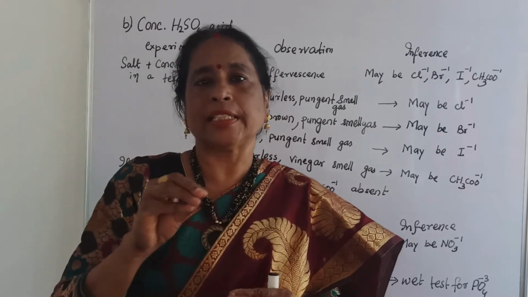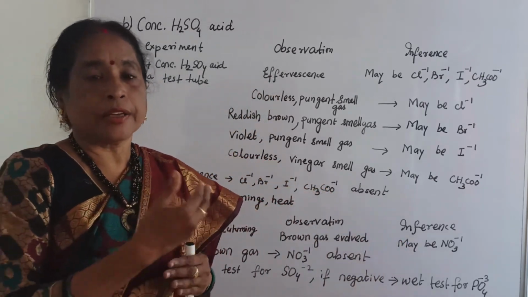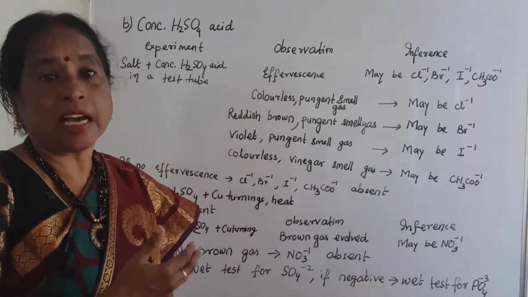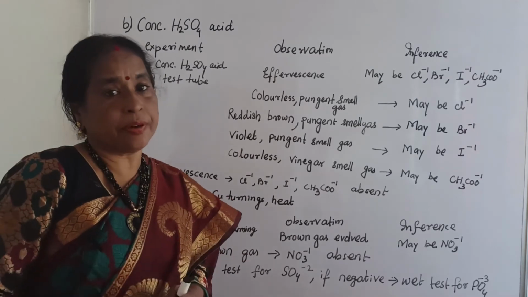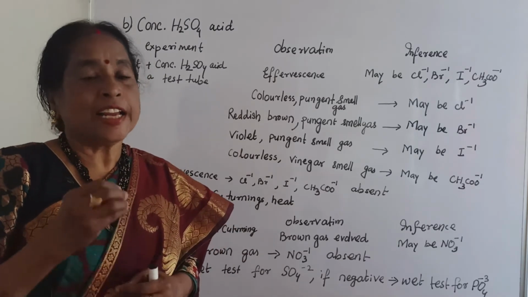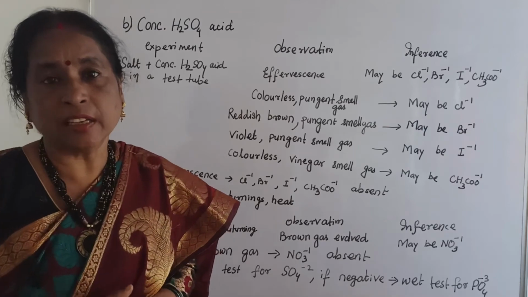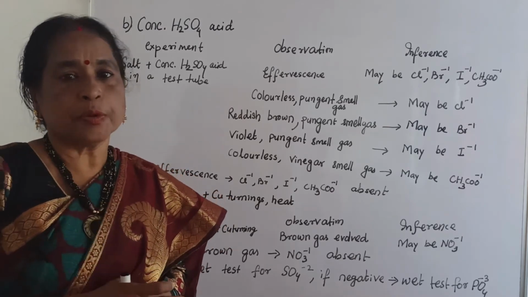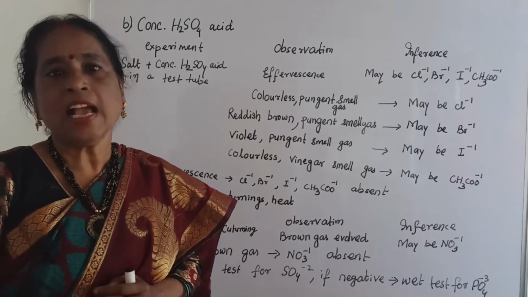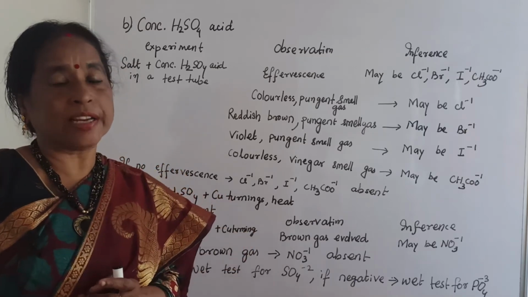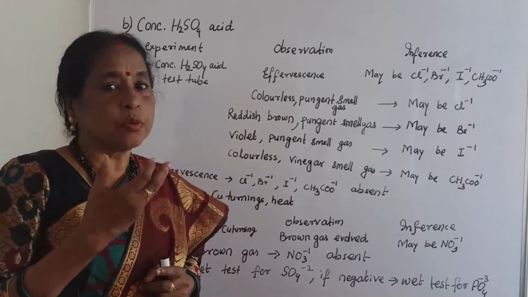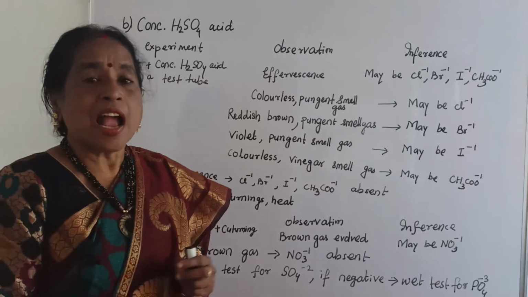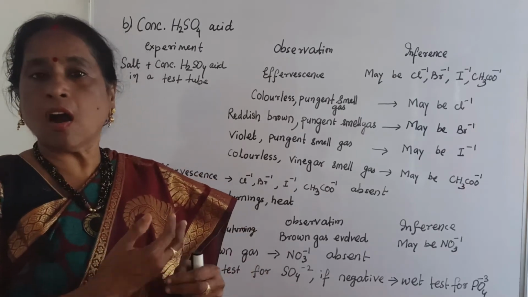What is the first group test? The dilute sulfuric acid test. If you take the salt in a test tube with dilute sulfuric acid and effervescence takes place, generally it contains one of four radicals: carbonate, sulfite, sulfide and nitrite. Out of these, you can tell which one is present according to the color and odor.